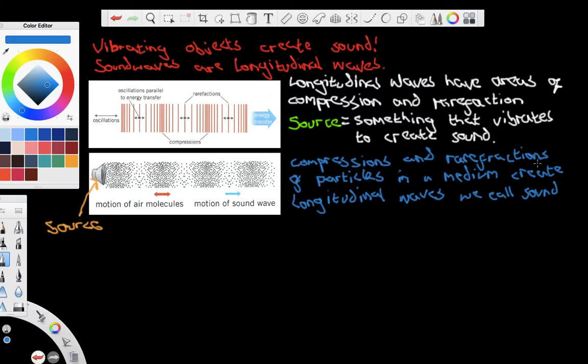So we have these rarefactions and these compressions of particles in the medium, in this case air, which cause these longitudinal waves. On this diagram we've got our source here and we've got our particles in the medium found here. So these are our particles in the medium.